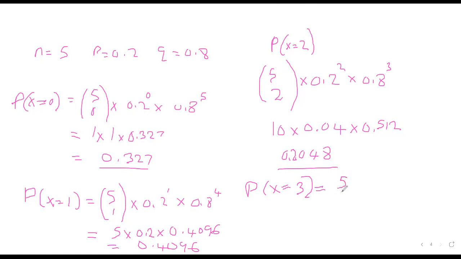5 combination 3, times 0.2 to the power 3, times 0.8 to the power 2.